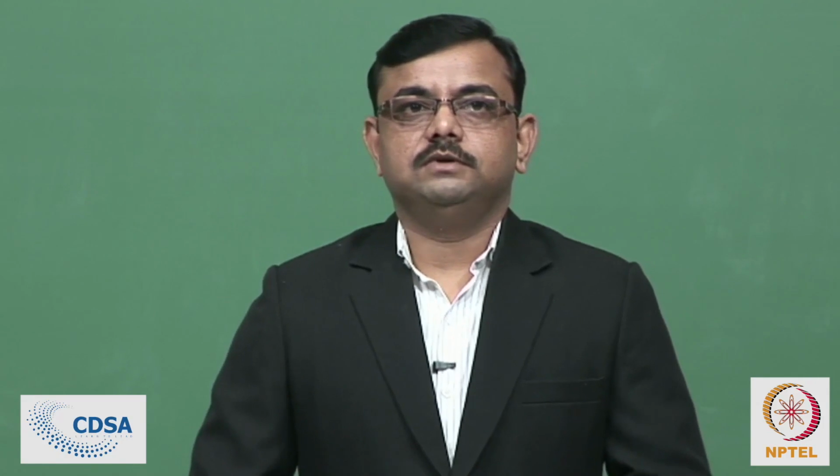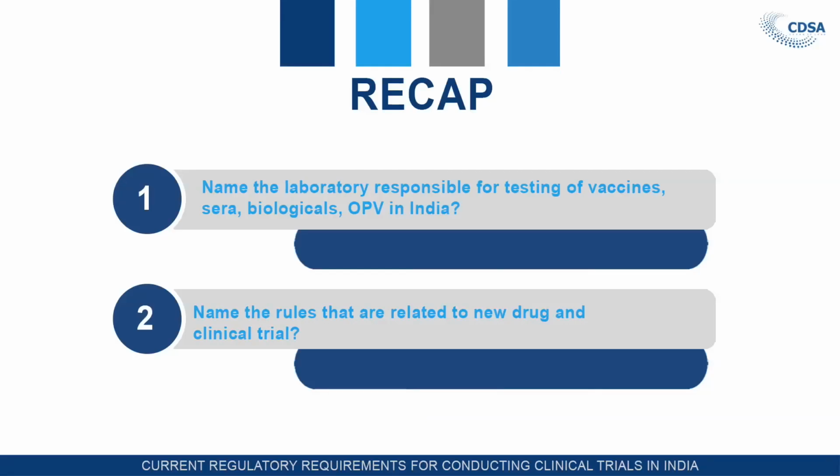So what we have seen, let us have a recap of this lecture. The question for you: which laboratory is responsible for testing of vaccine, sera and biologicals? You have to mention the name of the laboratory and where it is.